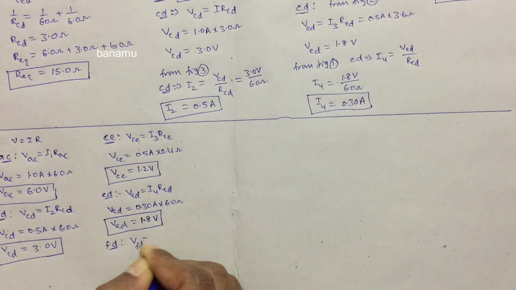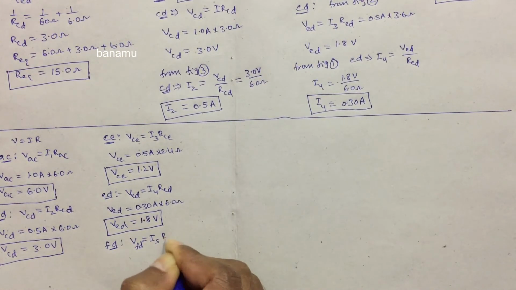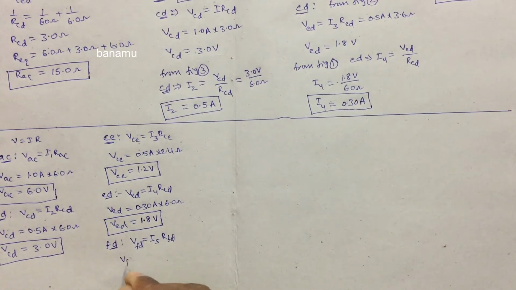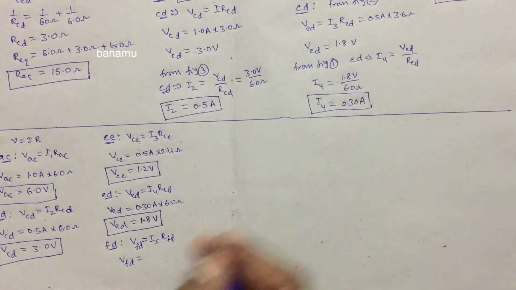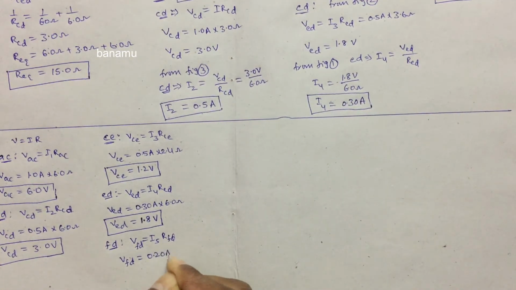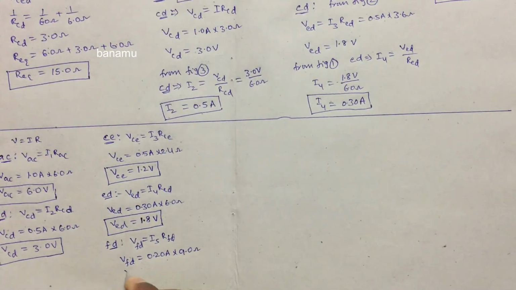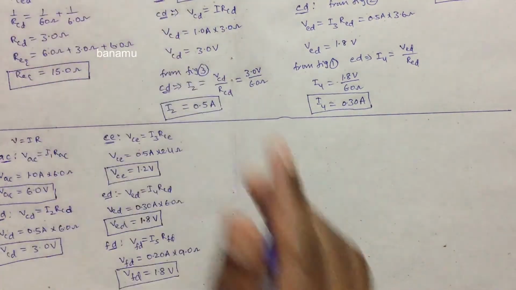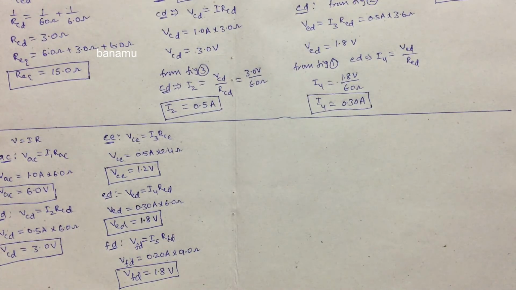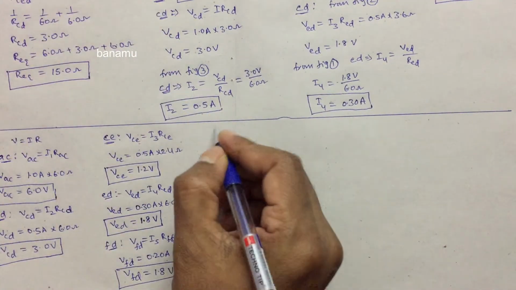VFD is equal to I5 into RFD. So VFD is equal to the value of I5, 0.2 ampere, into 9 ohms. So VFD is equal to 1.8 volts. This is the potential difference between the points FD.